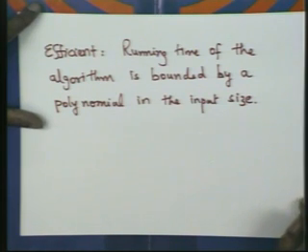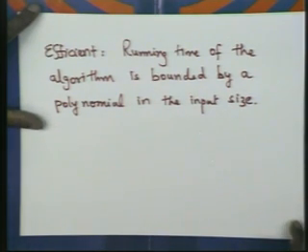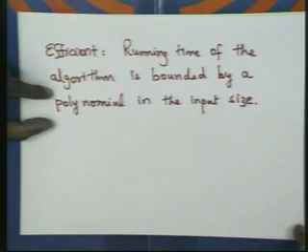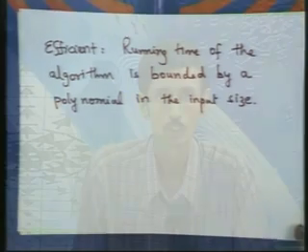Okay, so let me restate this again. What do I mean by polynomial? The running time is bounded by, let's say, n to the constant.